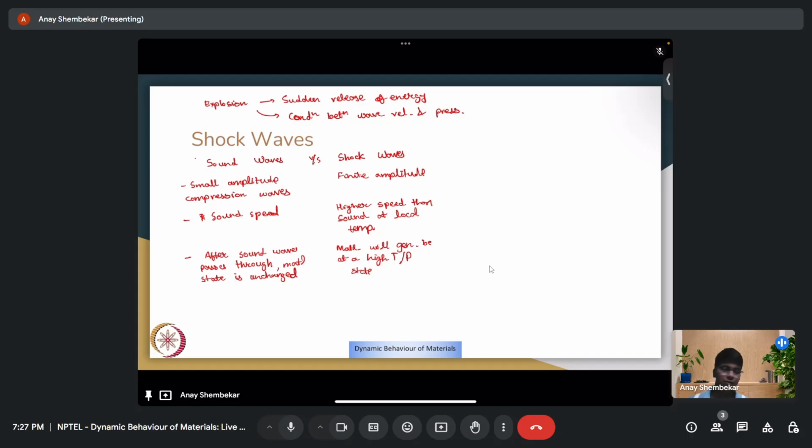There is a lot of history going into the research of shock waves. The pioneering work probably comes from Rankine and Hugoniot, which we'll be looking at in detail.